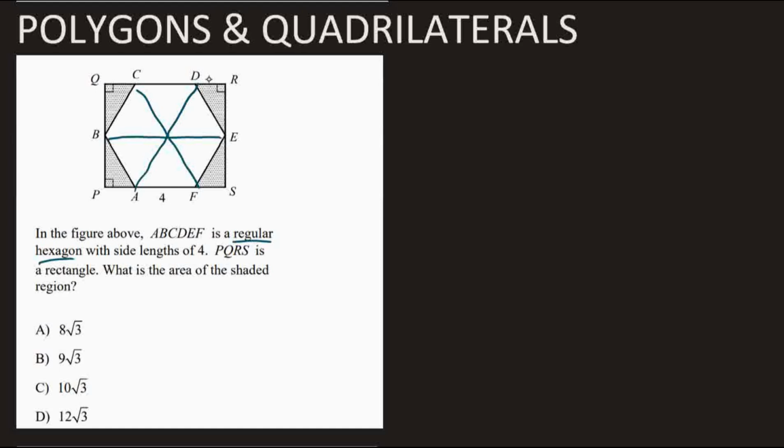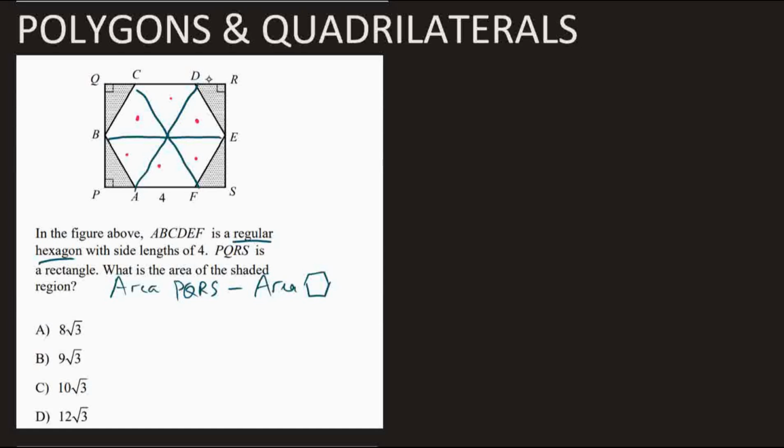So to get the shaded area is the area of rectangle PQRS minus the area of the hexagon. So now we have to count the area of the PQRS and area of the hexagon. So first thing we do is to count the area of hexagon.